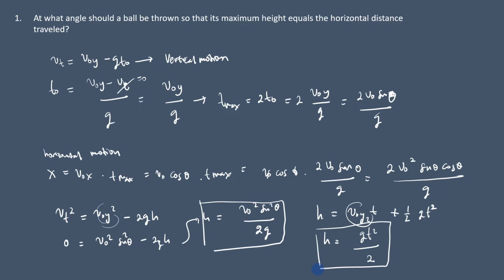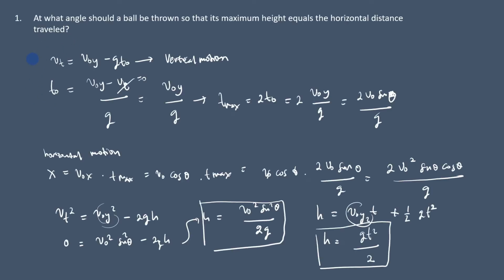Okay, this question asks at what angle the maximum height equals the horizontal distance traveled. So we can write it as x equals h, where x is 2 times Vo square sin theta cos theta divided by g.